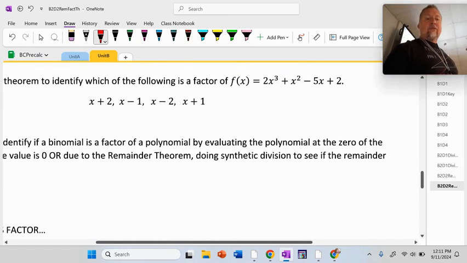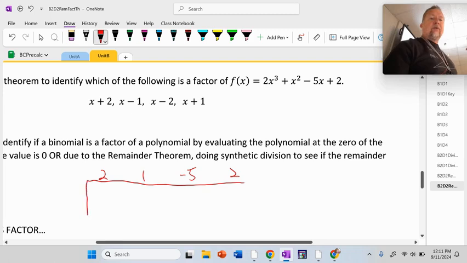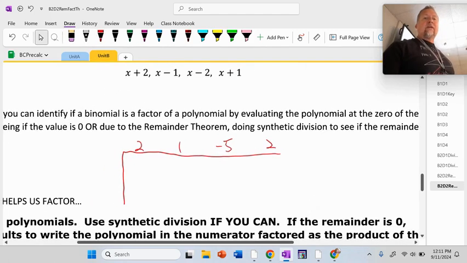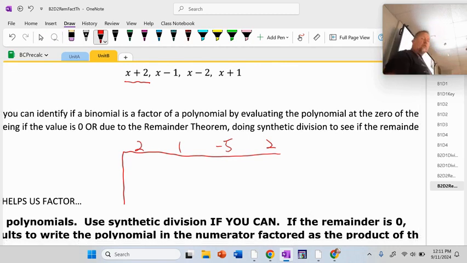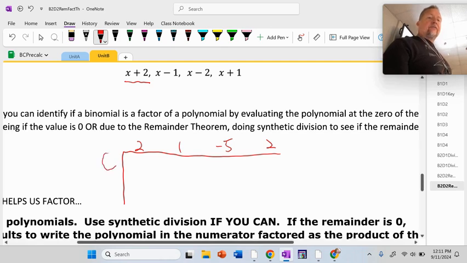I'm going to do my other way of doing this: 2, 1, because this is just a yes or no question. -5 or 2, and I'm going to go ahead and put those numbers right here. But wait, I'm determining if x plus 2 is a factor. So what goes here? 2 or -2?